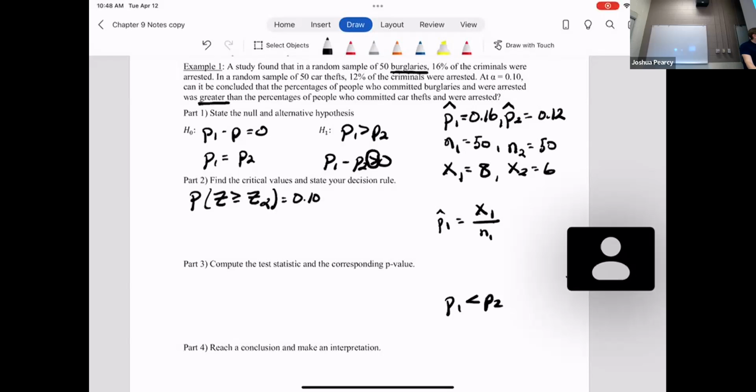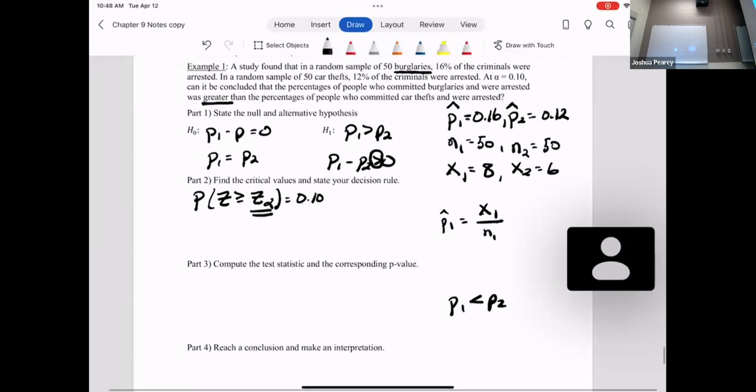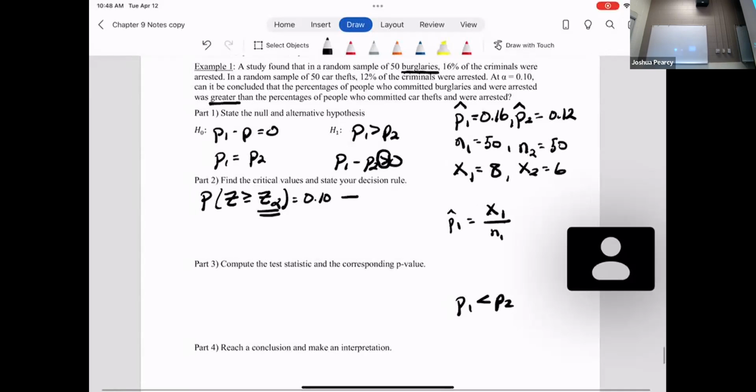Then what is the area to the left of that critical value? 1 minus that, so 0.9. Look for a z-score in the table such that the area to the left of it is 0.9, and tell me what you get. This implies that z alpha is 1.28.